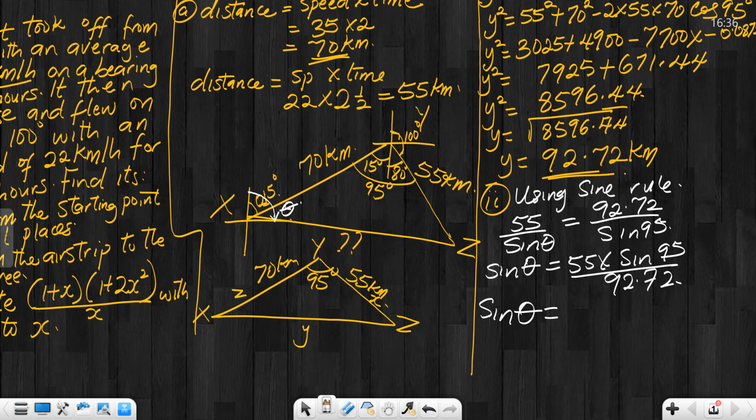Sine 95 gives me 0.9962, so I have 55 times 0.9962 all over 92.72.